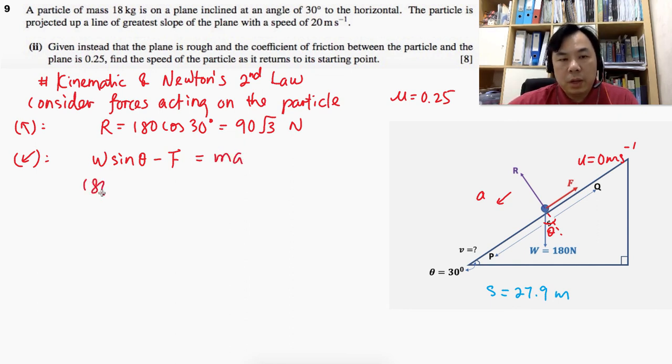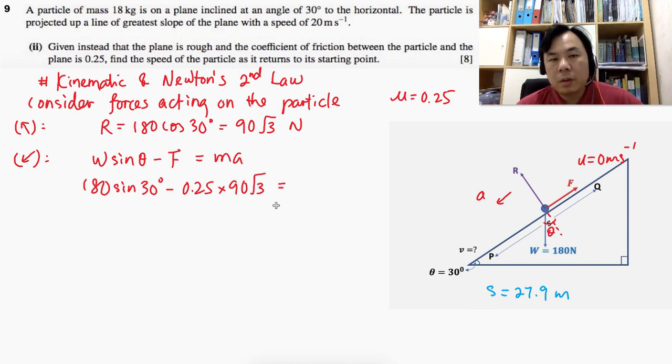So this is 180 sine 30 degrees minus the frictional force, which we have already calculated: 0.25 multiplied by 90 root 3.